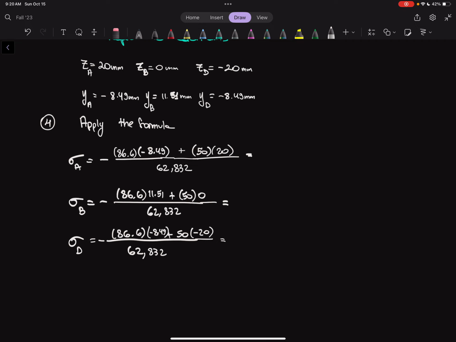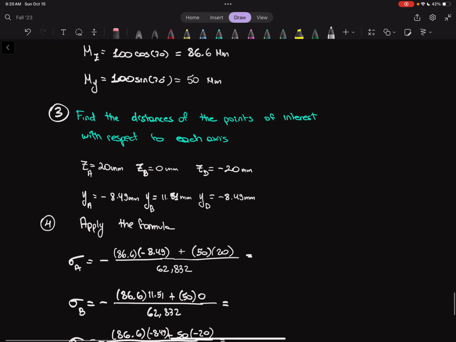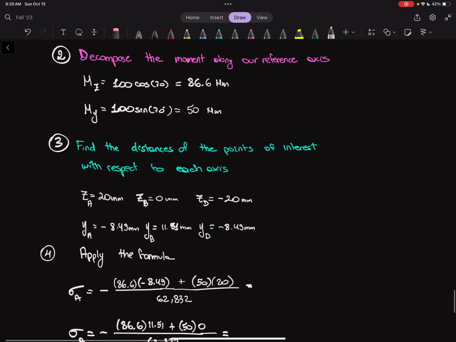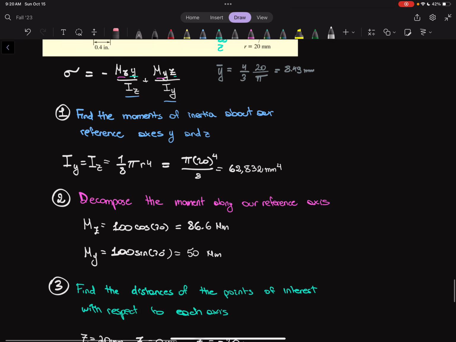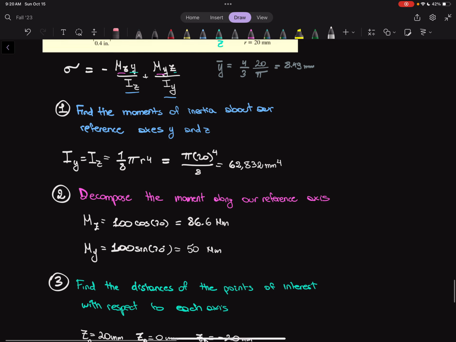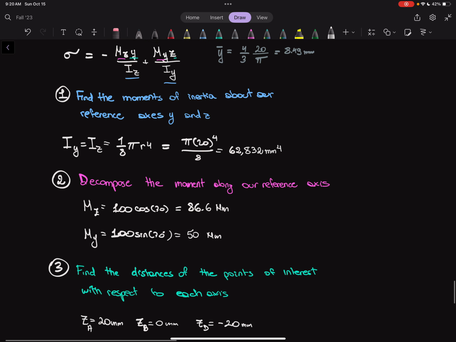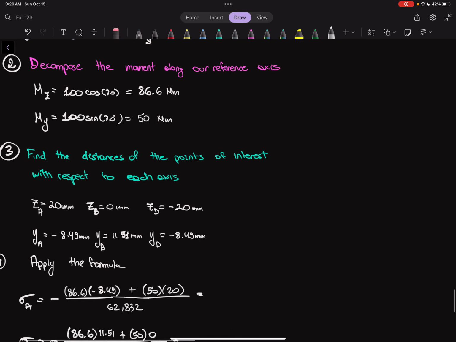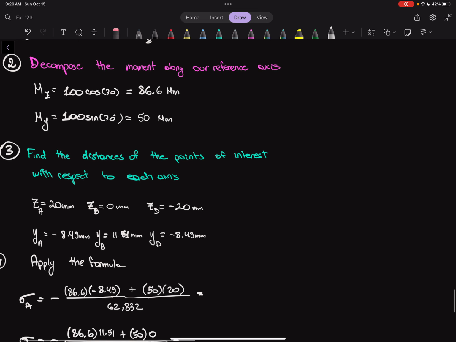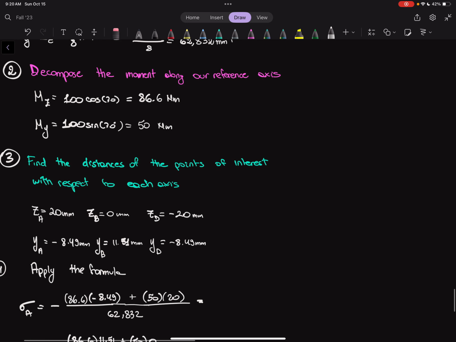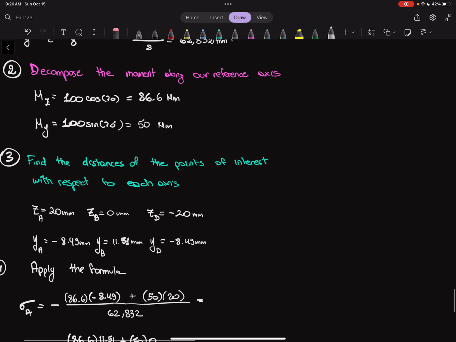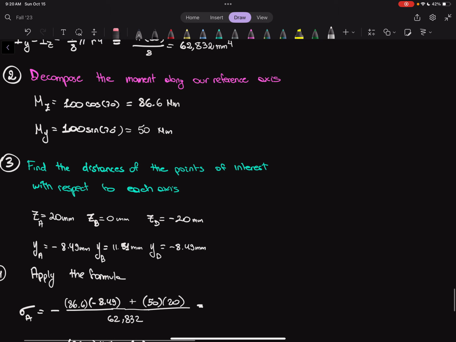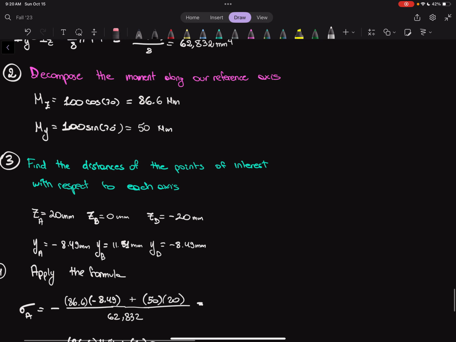I think, let me see real quick. I think I made a mistake on the IY. No, I did not make a mistake on the IY. And the IZ, maybe I did. Oh, the IZ is not the same as the IY.